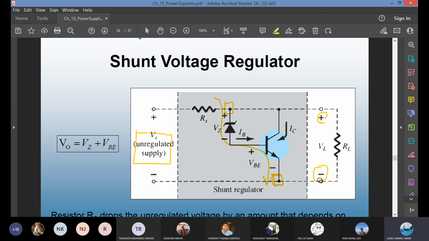The input resistor RS drops the unregulated voltage by an amount depending on the current supplied to load resistor RL. By Ohm's law, the load voltage VL will be the current IL multiplied by RL.